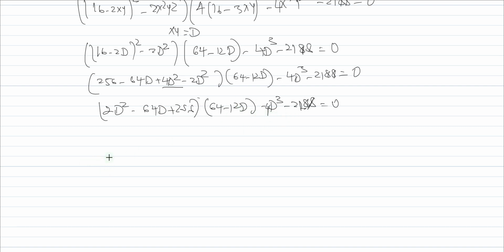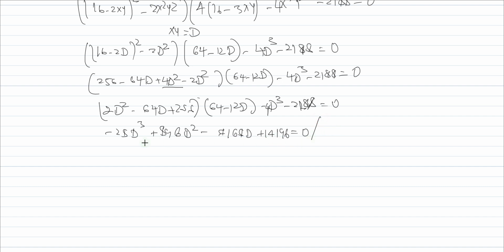We're going to have negative 28d squared, d to the power of 3, and then plus 896d squared and minus 7168d, and then plus 401960. This is the product, and simplifying this, we want to get this, guys.